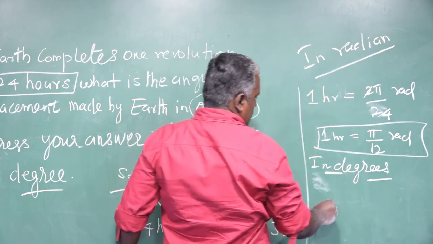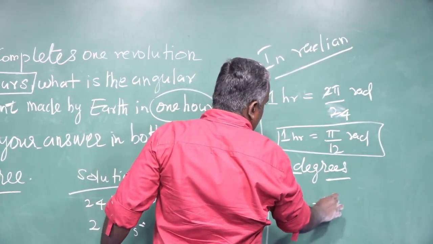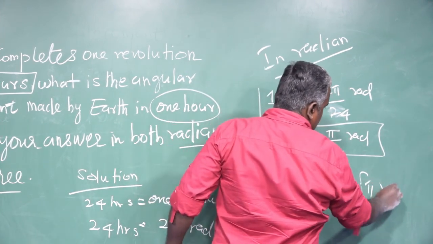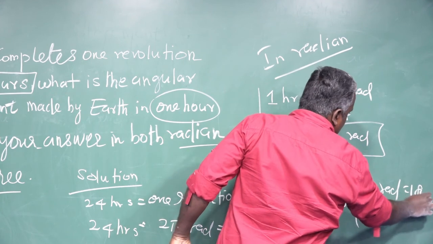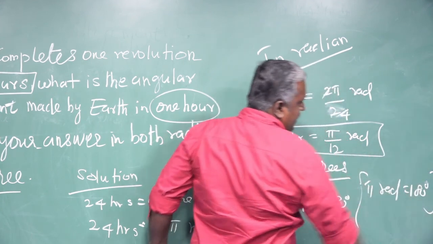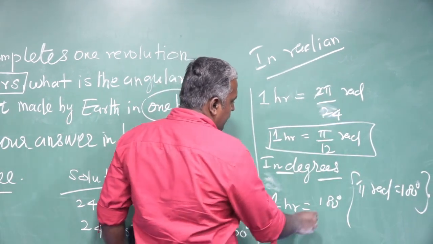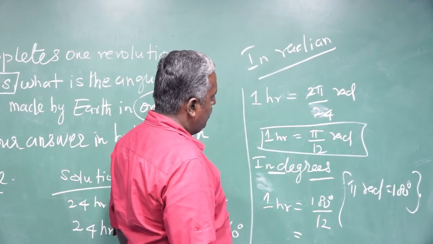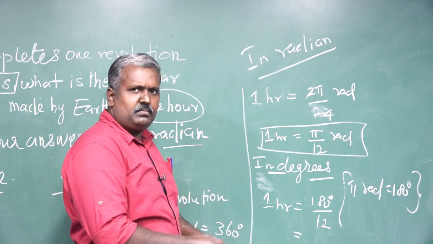Now in degrees: pi radian is equal to 180 degree. So 180 degree by 12 is equal to, how much?